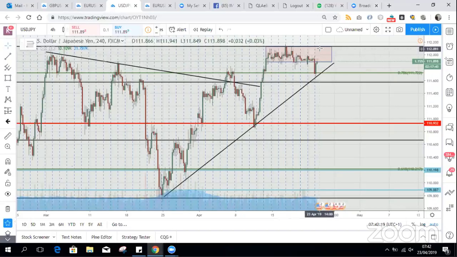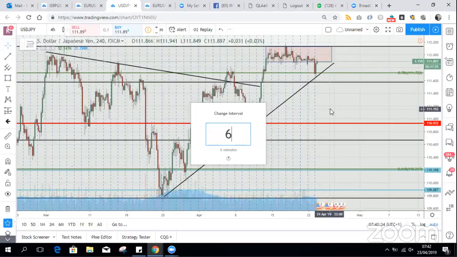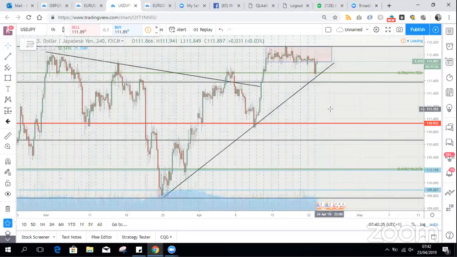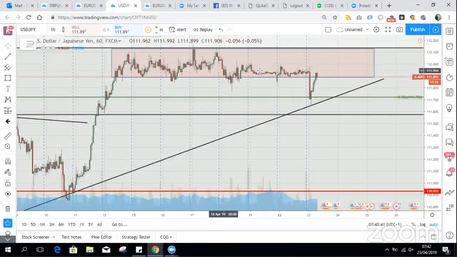If it pushes back up in here, then we'll look for rejections here, stop hunts before the drop. Let's see how that one goes. Not much choppiness. Okay, we may find some rejection here.